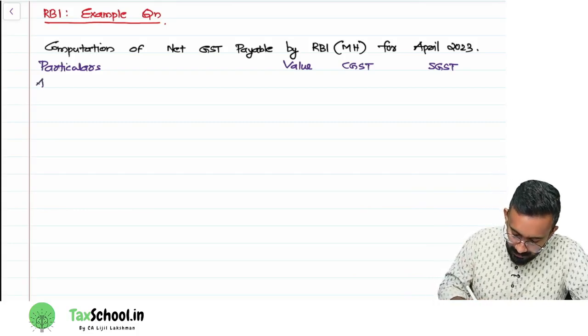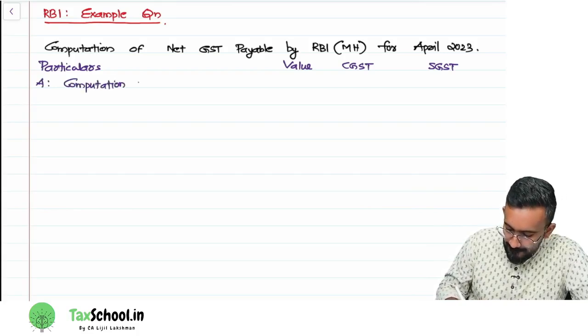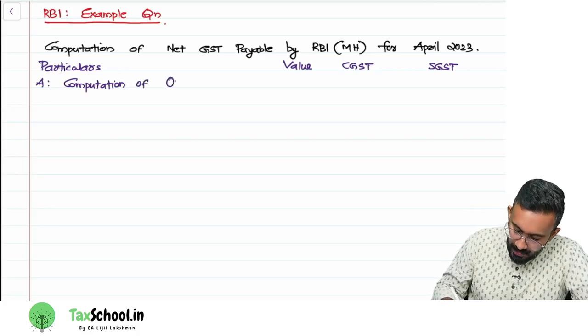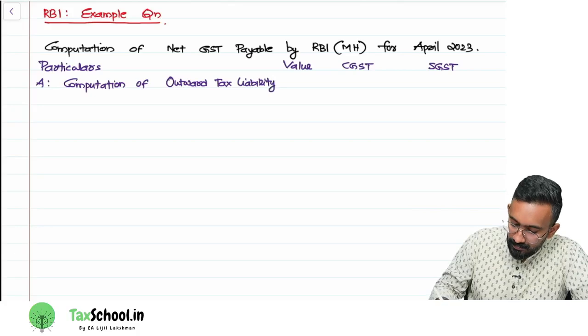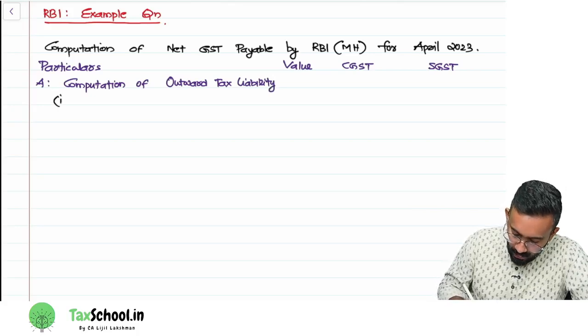My part A would be computation of outward tax liability. In that, I will list all my outward supply.